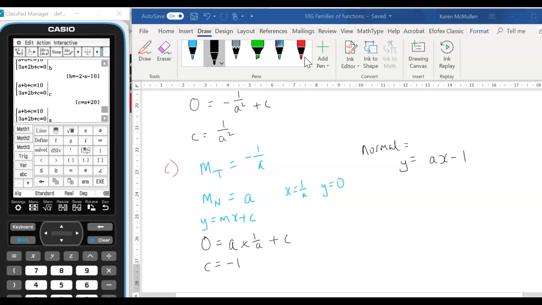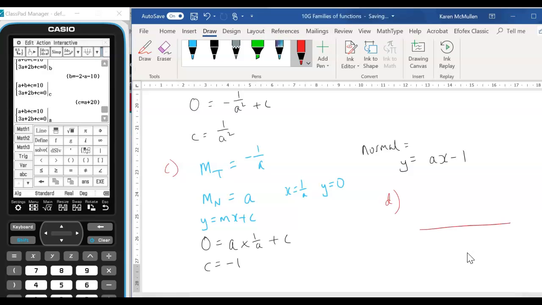So if we were to draw a graph, and remember that a was greater than 0, or positive, we've got 2 on 3a somewhere there.